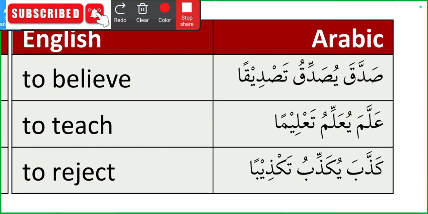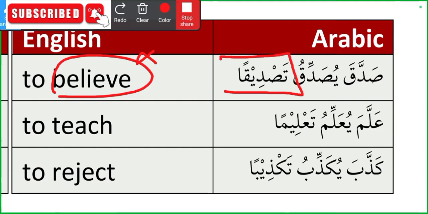So here, I think there is a mistake. To believe, it's not correct at all. Tasdeeq is about authenticating something, because the word tasdeeq means to authenticate. जैसे कोई डॉक्यूमेंट होता है, उसकी हम तस्दीक कराते हैं. A person looks at the original document and attests the photocopy, and he puts in his stamp and signature that this is the real copy of the document.